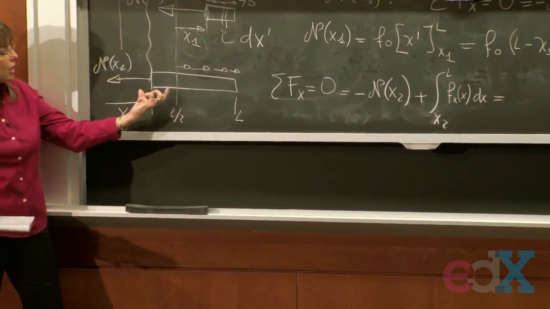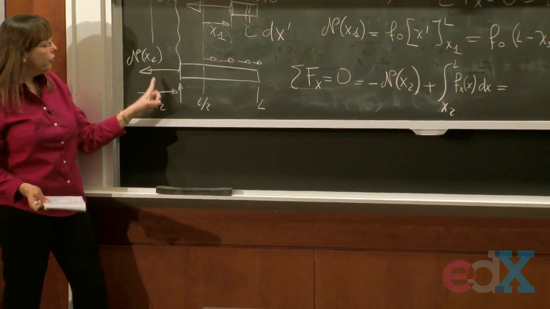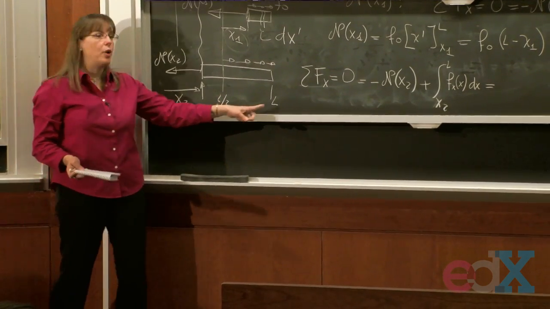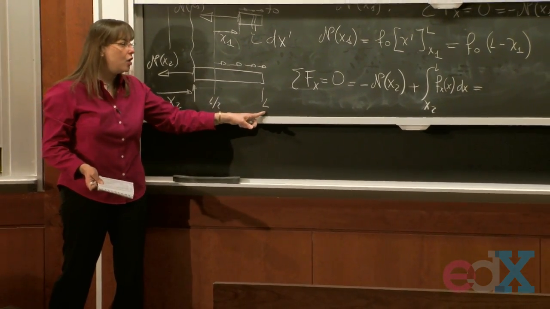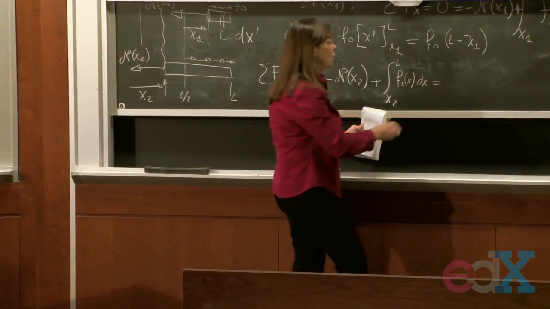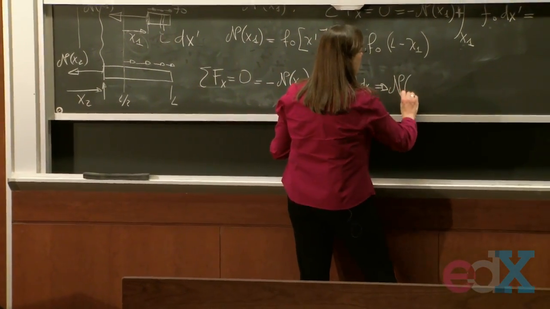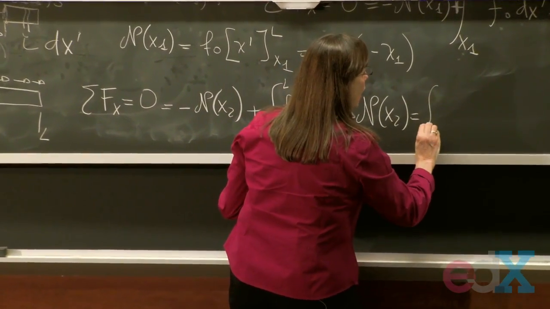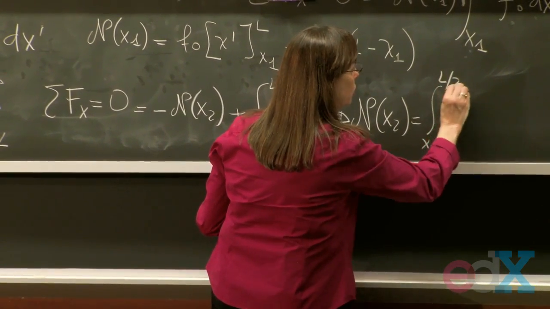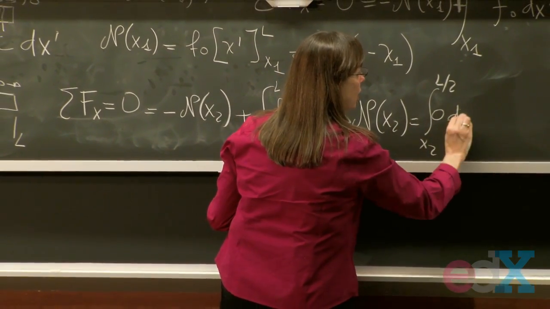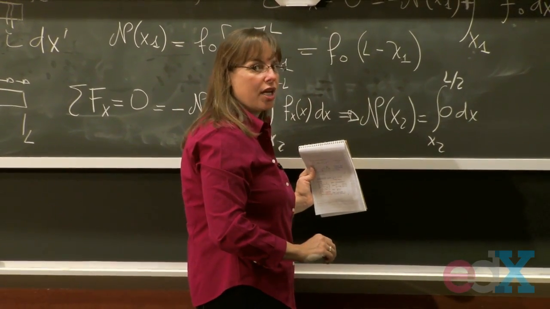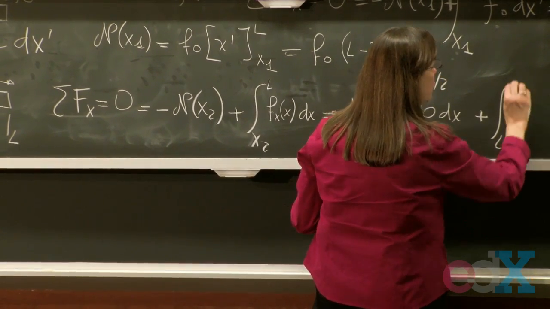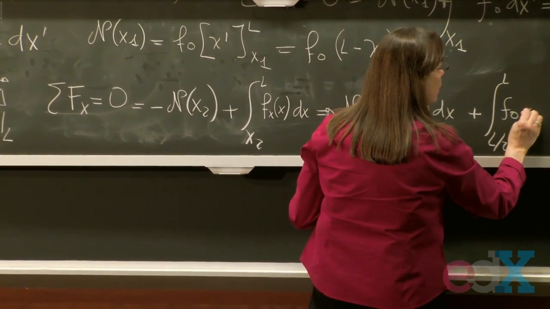I need to split because f of x is 0 from x2 to L over 2, and is f0 from L over 2 to L. So in order to find n of x2, I need to split this integral. So I get n of x2 is going to be equal to the integral from x2 to L over 2 of 0 dx, which guess what is going to be 0, plus the integral from L over 2 to L of f0 dx.